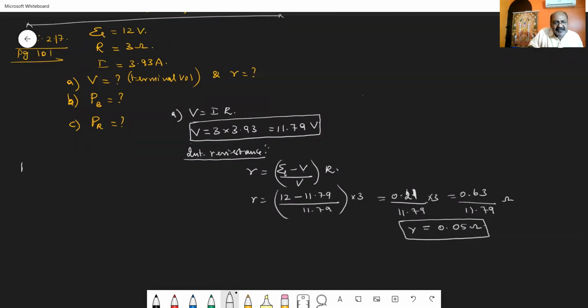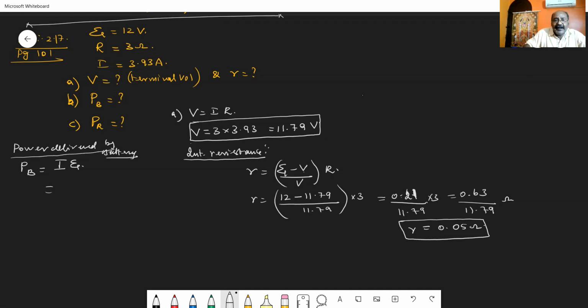Isn't it? Then what is the next one asked? The next one asked is the power delivered by the battery. Power delivered by the battery means the current into voltage. In the battery, the total voltage available is the EMF. So P_B, power delivered by battery, is represented as I into E, EMF.